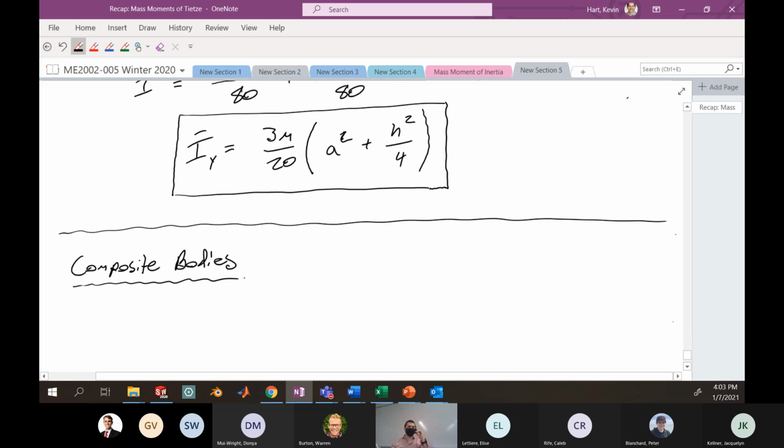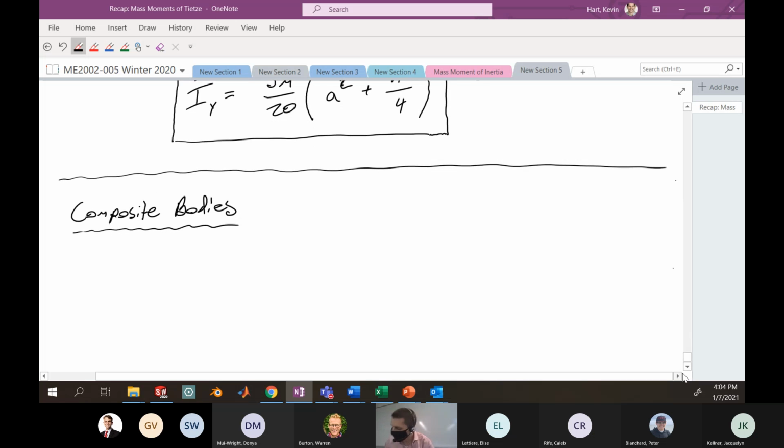And we've already done this for area moments of inertia, so you probably already know where I'm going with this. But the idea for mass moments of inertia of a composite body would be that you happen to have some random shape that is made up of arbitrary shapes that you already know the mass moments of inertia of. So what do I mean by that? Well, you can calculate the mass moment of inertia of a body made up of many bodies that you might already know the mass moments of inertia of.